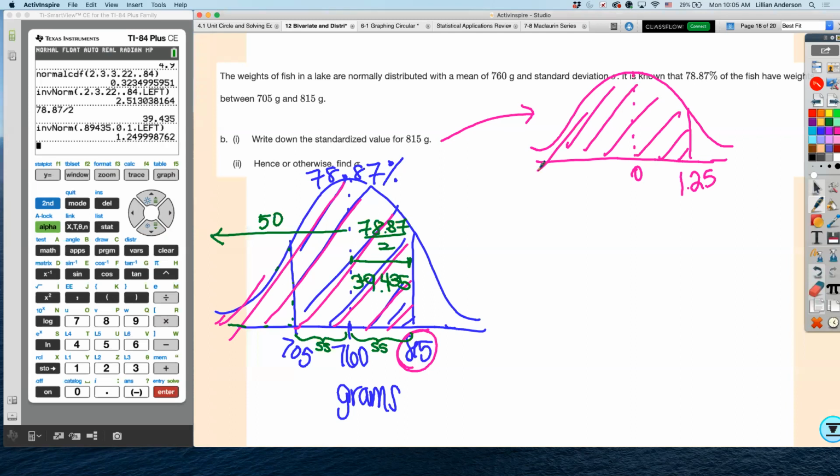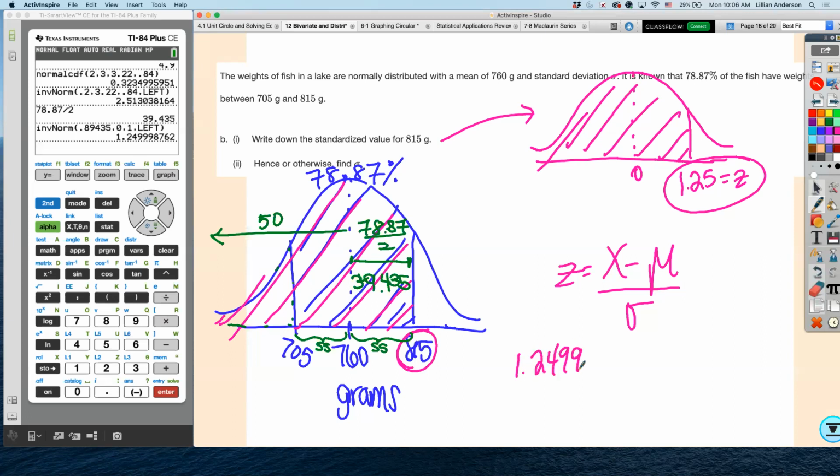That is the same z-value that I need, so then that way I'm able to find my standard deviation using the formula x minus mean over standard deviation. My z-score is that 1.2499 number. My x value is 815, and my mean is 760.